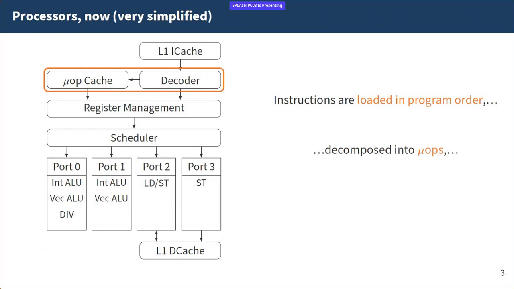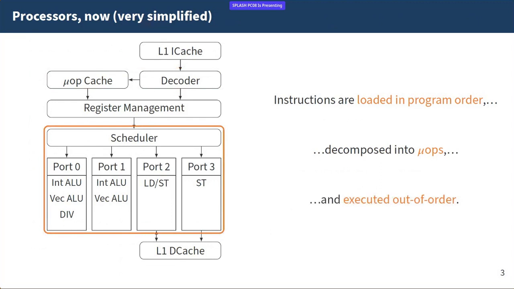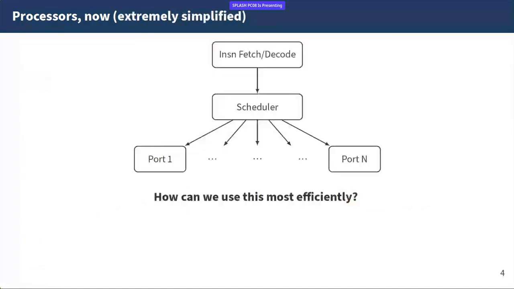These micro-ops then are typically put through some complicated system leading up to a scheduler, which distributes them among execution units, so-called ports, which have the arithmetic and all these other execution units grouped behind them, and really can execute these instructions or the micro-ops out of order, so out of the program order, and potentially even in parallel. So with such a more modern out-of-order design, answering the question of how to use the architecture most efficiently becomes a lot more complicated.